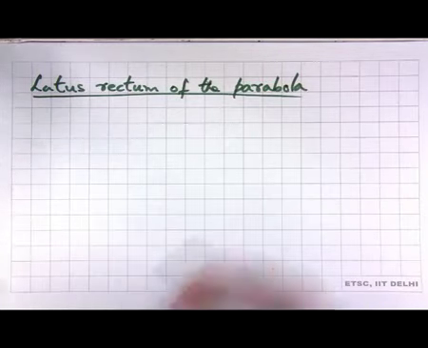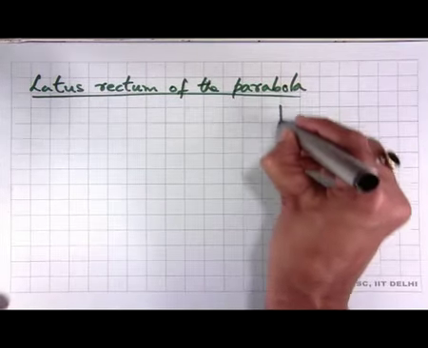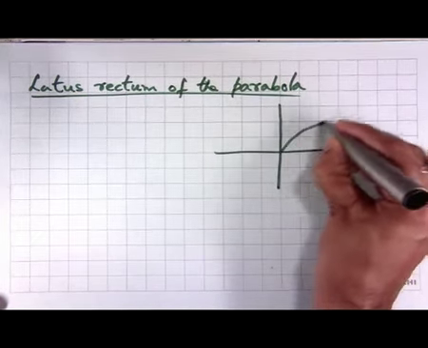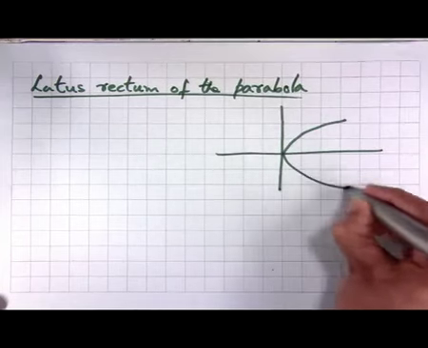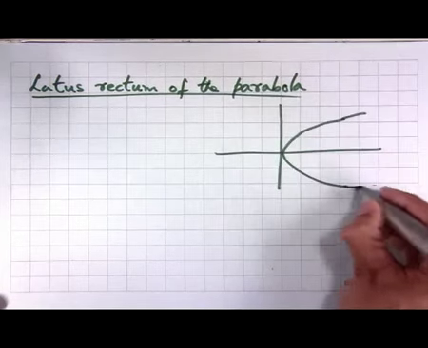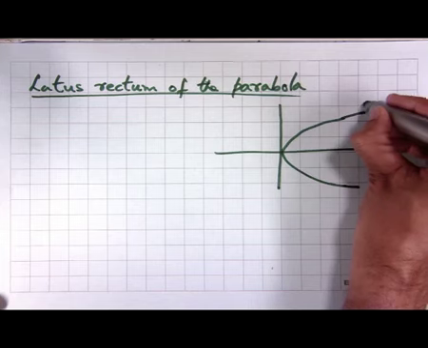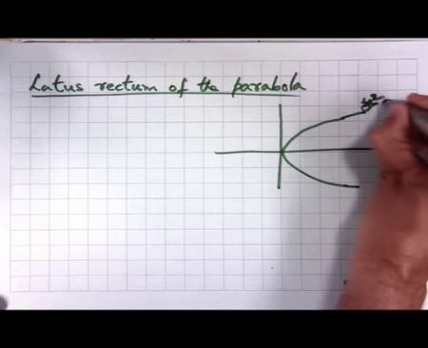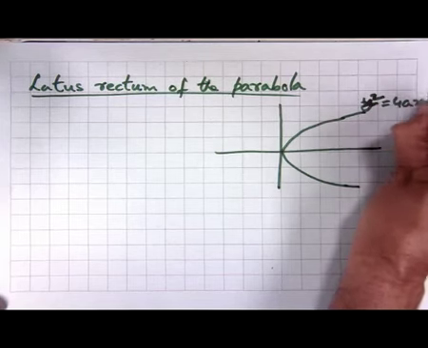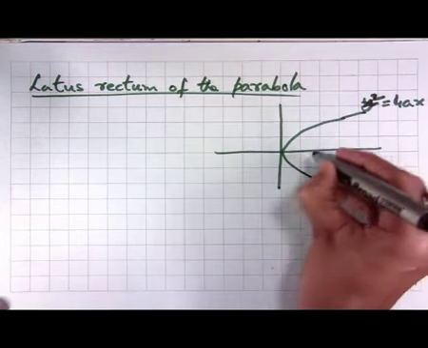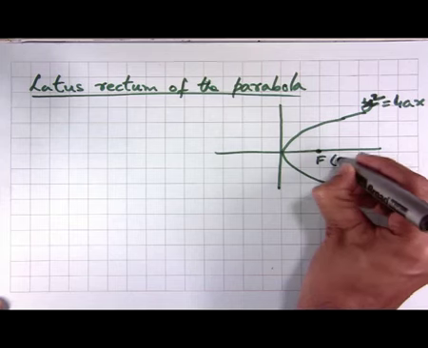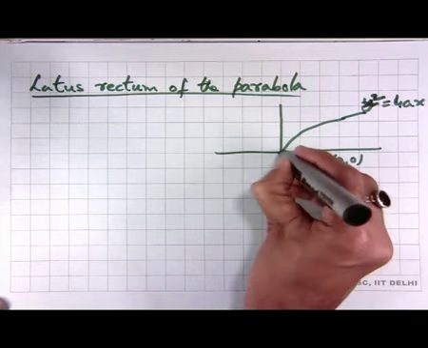So, let us take say this parabola. This is my parabola y square equal to 4 a x, and here the focus is at the point (a, 0) and the vertex is at the origin.